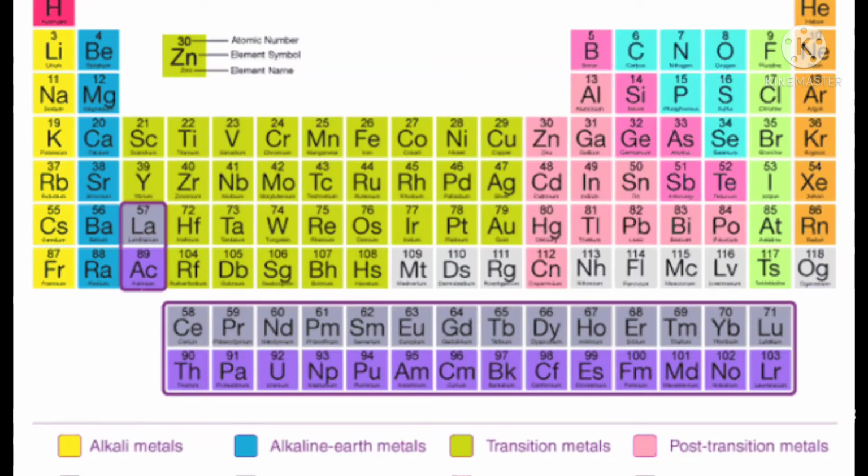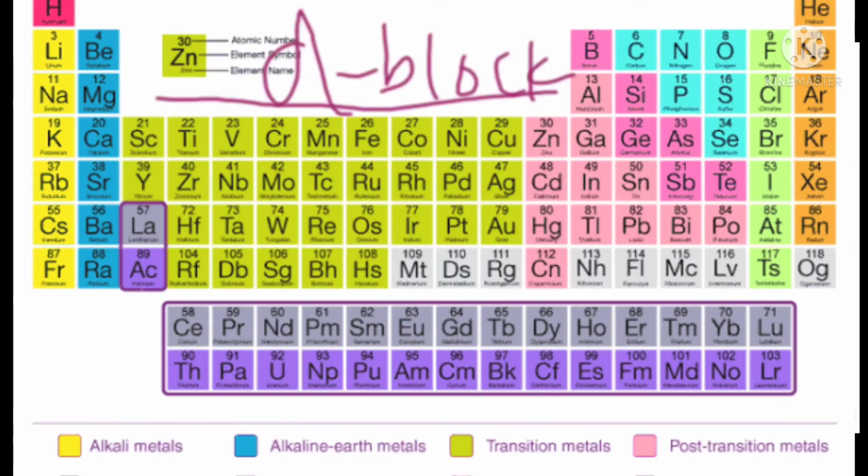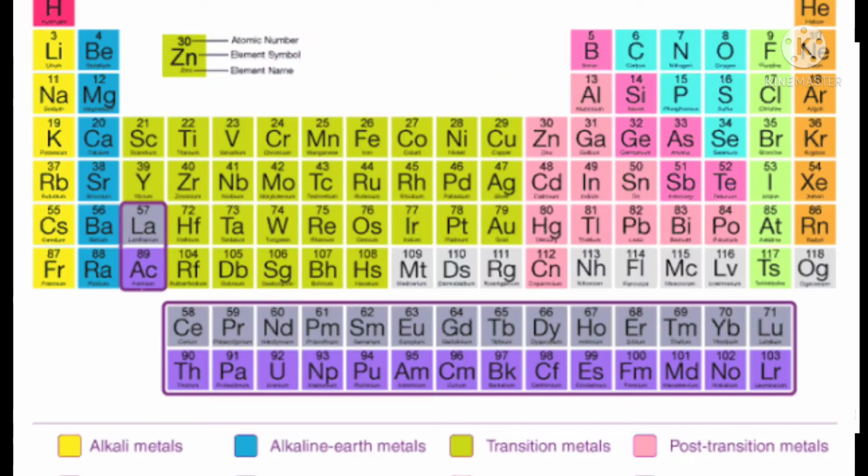Elements of groups 3 to 12 are d block elements, also called transition elements. Elements of groups 13 to 18 are p block elements, also called representative elements. The f block elements are called lanthanides and actinides, also called inner transition elements.